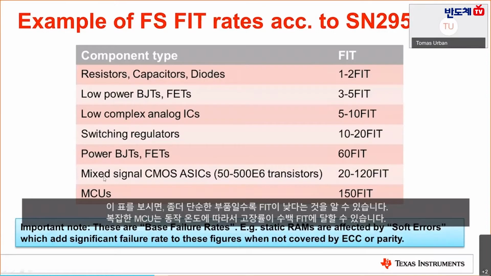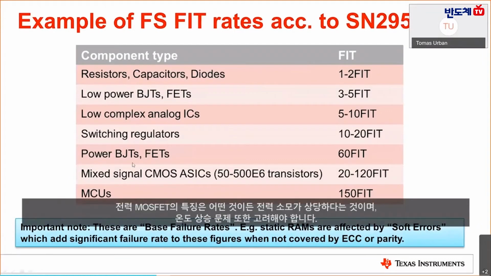For very complex MCUs, the base failure rates are around a few hundreds, also depending on the operating temperature. For power MOSFETs, and any kind of components which have significant power dissipation, you also need to evaluate their temperature increase. So that needs to be taken into account.